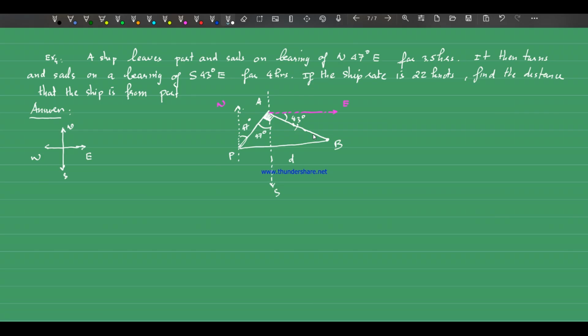And we want to find the distance from P to B. In order to find the distance from P to B, we need to find the distance from P to A and from A to B. How do we do that?